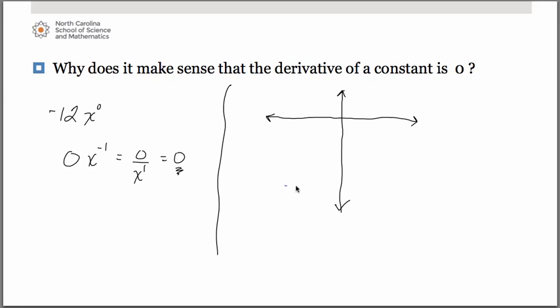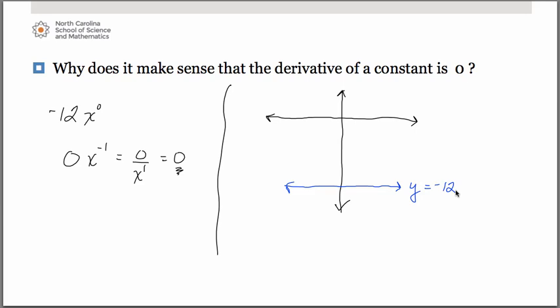So let me put it right about here. Well, it's a horizontal line, right? What is the slope of any horizontal line? It is 0.